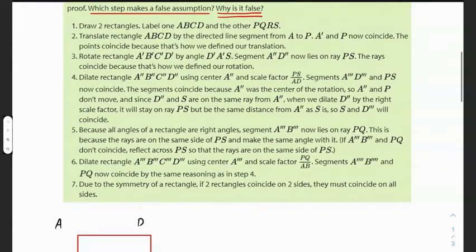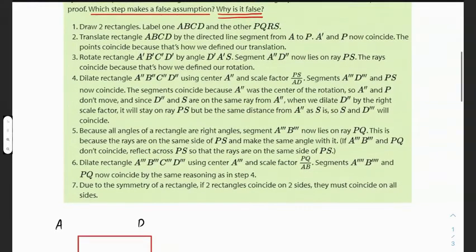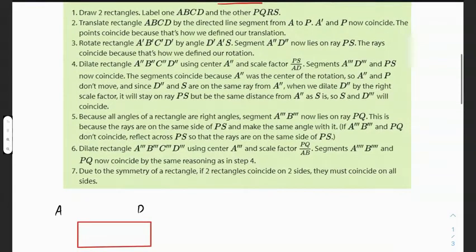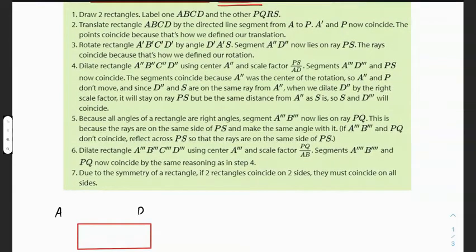Oof. All right, so draw two rectangles, he says, A, B, C, D, and the other one, P, Q, R, S. Okay. Now, I'm going to draw another rectangle, and I want to make sure here that it is definitely not the same size.